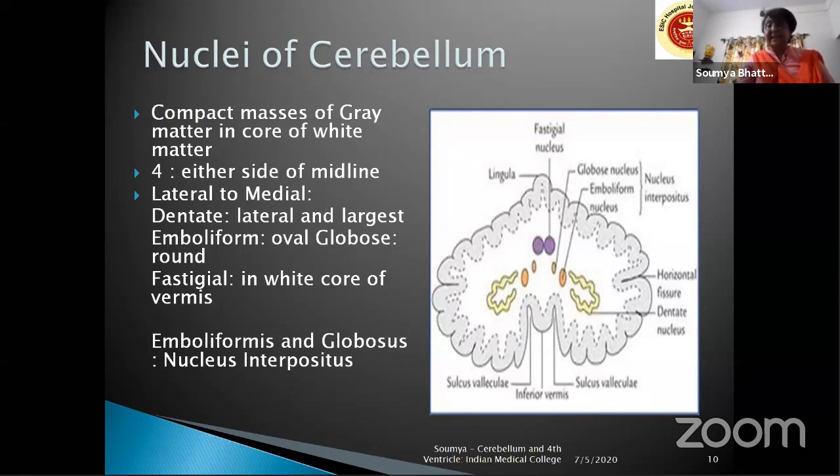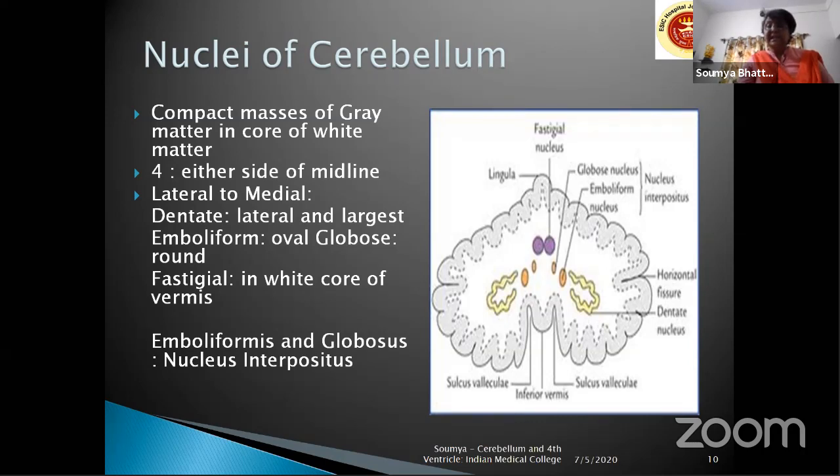So this is very important because dentate is the largest and the lateralmost nucleus. The emboliform is like an embolus, so it is oval. Globose is global, so it is round. And fastigial is like a tent basically.